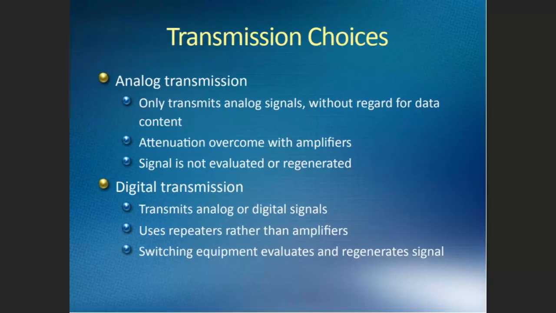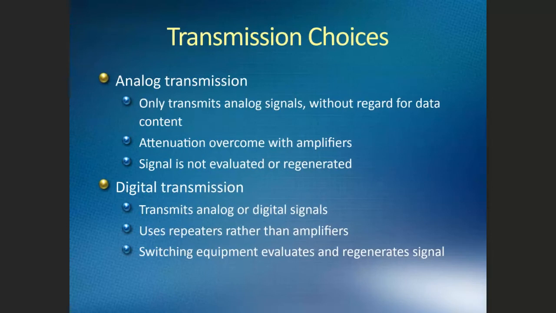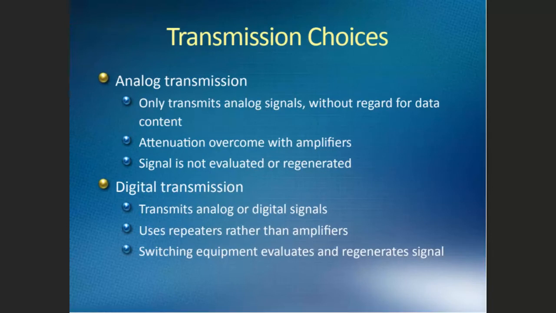Analog transmission will transmit only analog. Don't forget that. Digital can have analog or digital data signal. It uses repeaters rather than amplifiers. Switching equipment evaluates and regenerates the signal in the repeater.